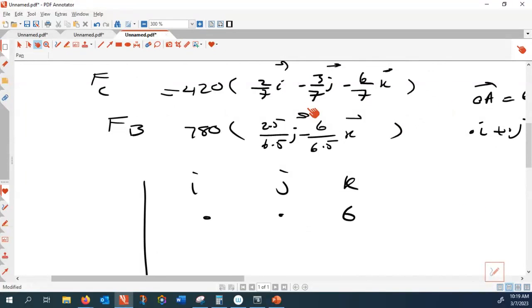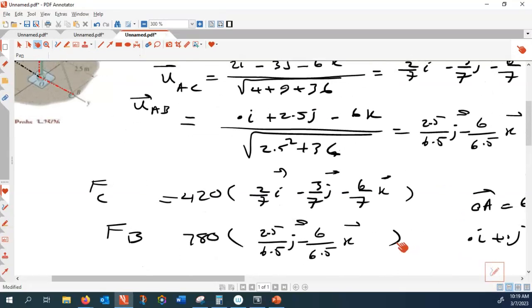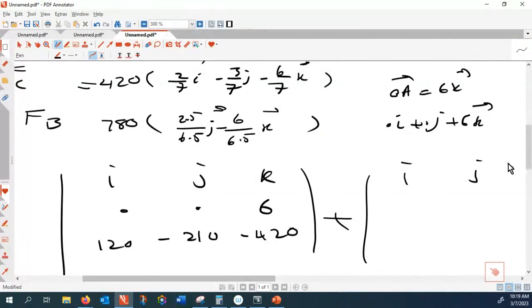For the first one, I put the product of that, 420 times 2 over 7, 210, 420, plus the second one is ijk, 0 0 6, and the numbers are 0, 2.5 divided by 6.5, 0.38.